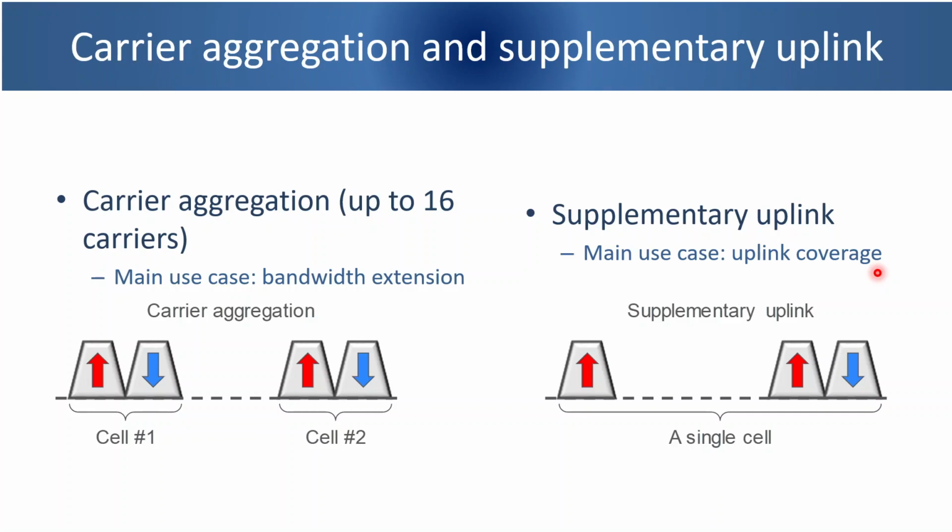To increase the coverage, a lower band is allocated only for uplink using carrier aggregation. Then the overall coverage of the higher frequency band, which will be mainly used in the downlink direction, can increase, and in the uplink direction a lower frequency band can be used. So carrier aggregation with supplementary uplink has the main use case of increasing the uplink coverage.